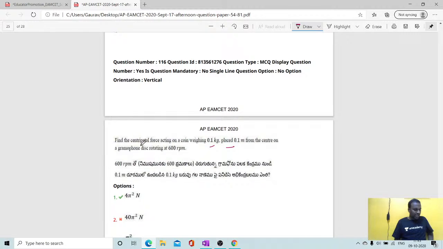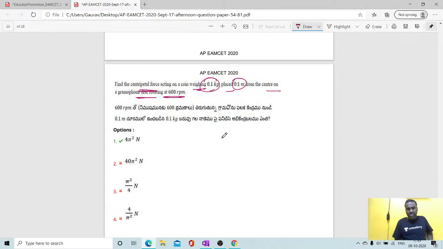Students, the last question I will discuss over here: find the centripetal force acting on a coin weighing 0.1 kg placed 0.1 meters from the center of a gramophone disc rotating at 600 revolutions per minute. The centripetal force is equal to mrω². The mass is 0.1 kg and the radius is 0.1, and ω is 600 revolutions per minute, so 600 into 2π per minute, divided by 60, whole square.